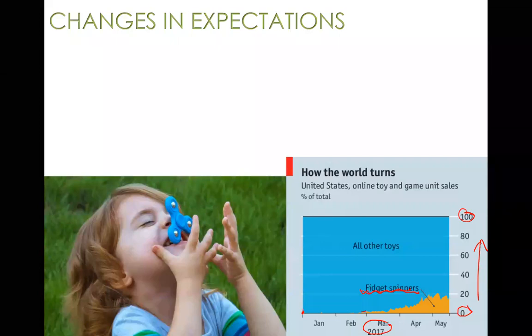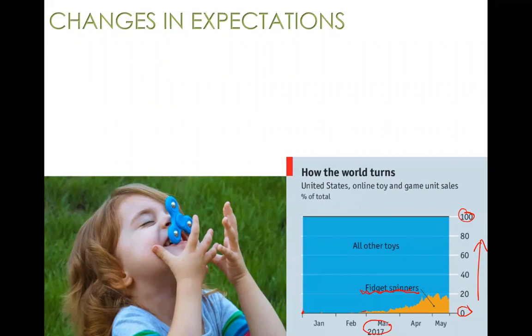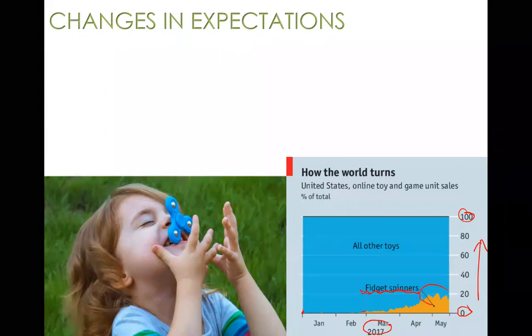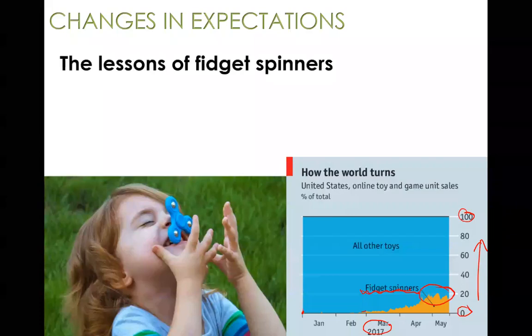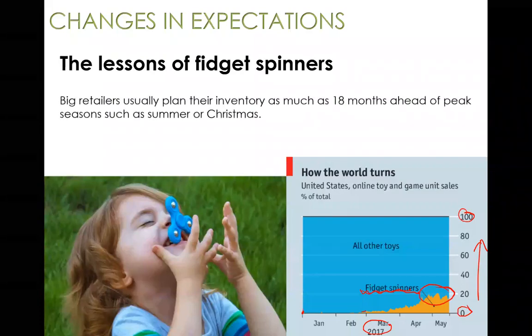That's huge, right? And this change in expectation, or this change in taste, actually caused a huge shift in supply. This shift in supply is reflected by this picture. Towards the end, the suppliers moved their production toward these new toys. So this is a perfect example. The lesson of the fidget spinner.